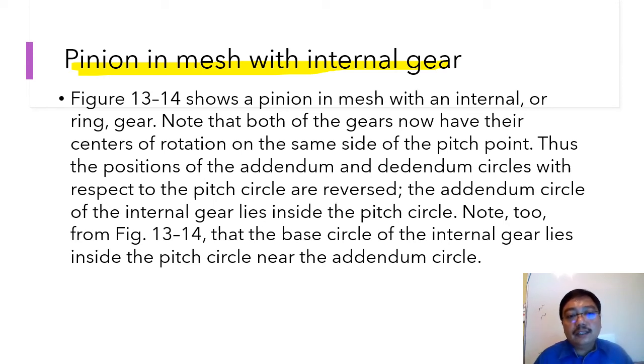Figure 13.14 shows a pinion in mesh with an internal ring gear. Note that both gears now have their centers of rotation on the same side of the pitch point. The positions of the addendum circles with respect to the pitch circles are reversed, and the addendum circle of the internal gear lies inside the pitch circle. Note also from figure 13.14 that the base circle of the internal gear lies inside the pitch circle near the addendum circle.